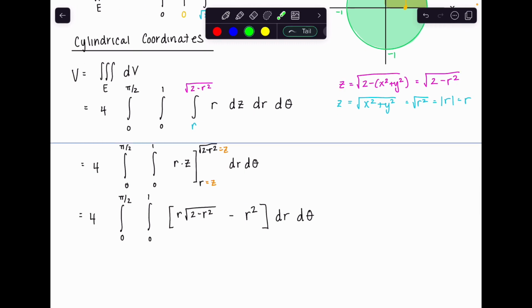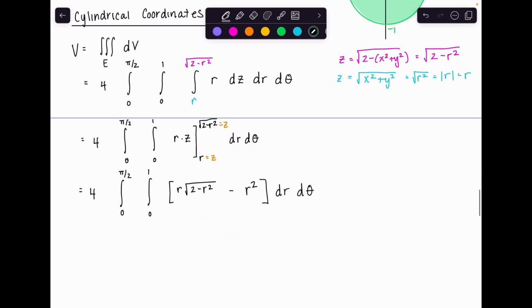This is a separable integral because this inside has absolutely nothing to do with theta at all. So I end up having to go through the integral from 0 to pi over 2 d theta. And then unfortunately for r, I do have to split this into two integrals because I can integrate r squared easily, but this one I'm going to have to make a u sub on.